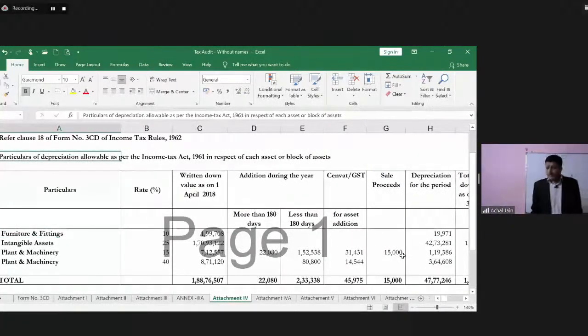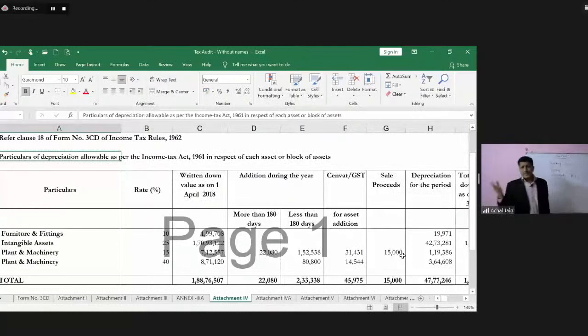Now currently the data that you see on the screen is very small. Maybe the company from which we picked this data had a very small size in terms of fixed assets. But if you look at manufacturing companies, large size companies, or companies in automotive, which are capital intensive, this information is very bulky.